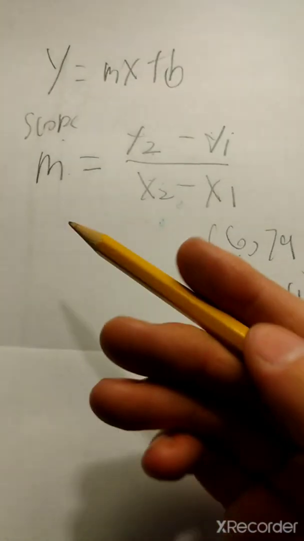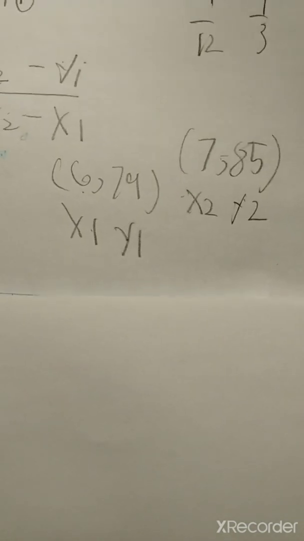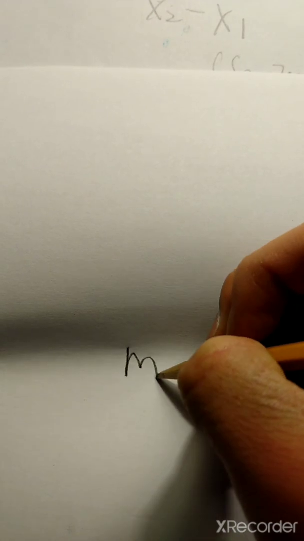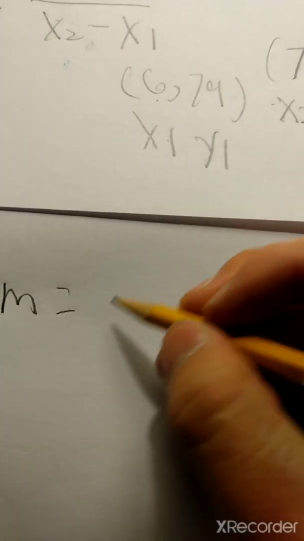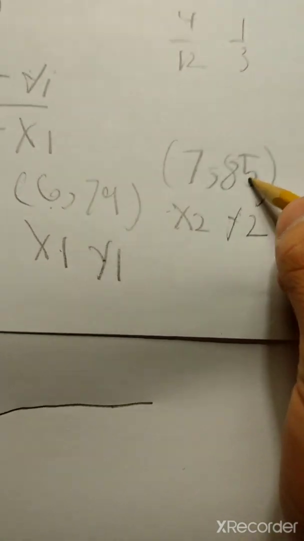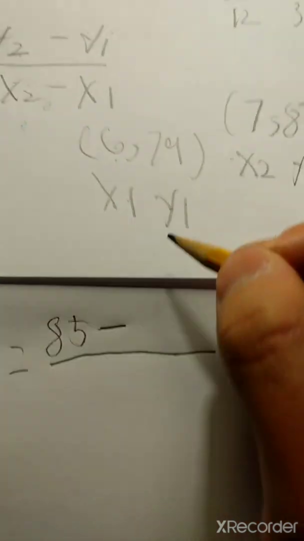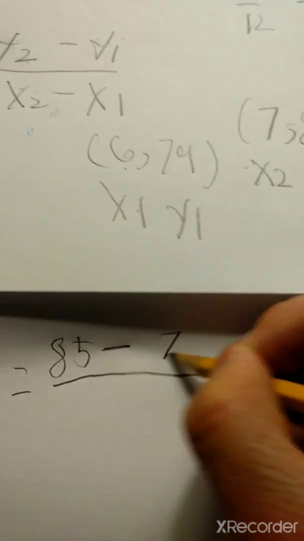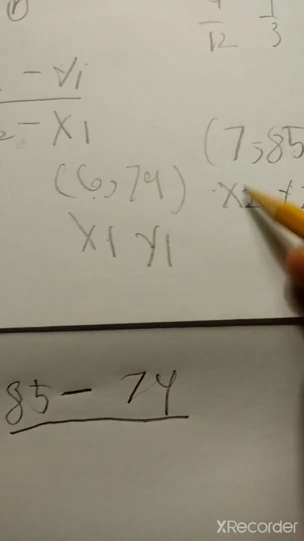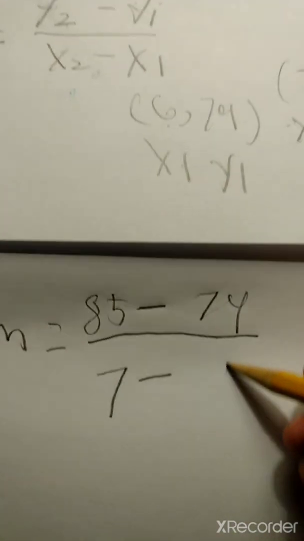So if we have the formula right here, we're going to plug the numbers into the formula. We're going to write m equals, draw the division line, y2, 85, minus y1, that is 79, and over x2, that is 7, minus 6.